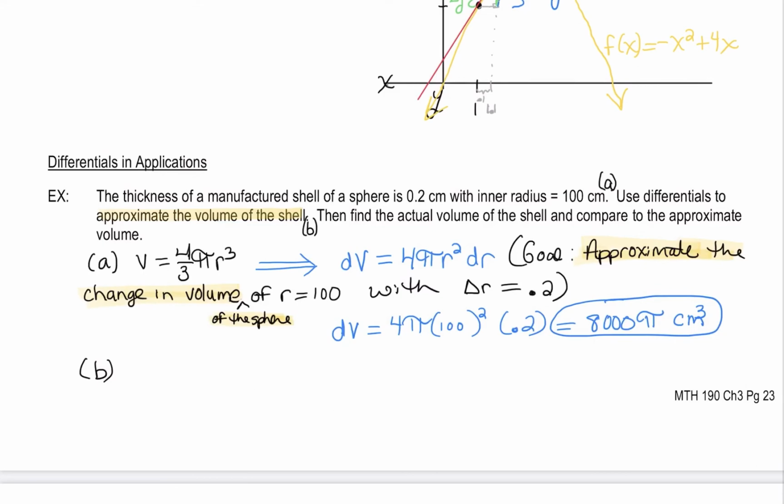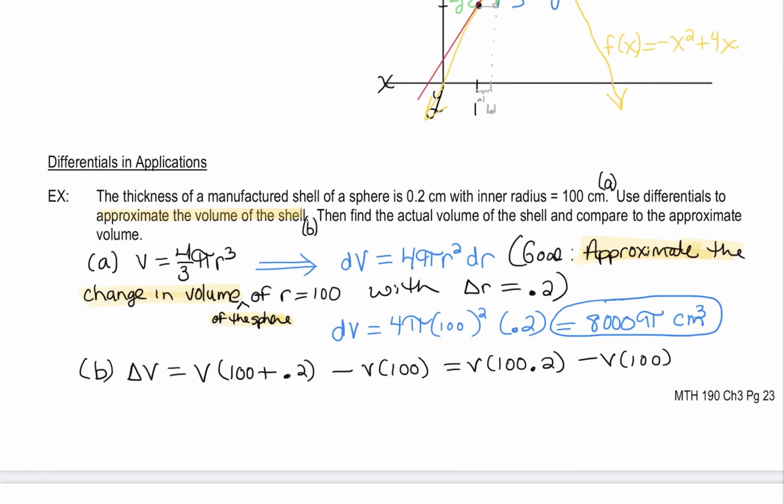All right, so the actual change in volume, my actual change in V, remember, is just subbing into V: the V of 100 plus the 2/10 minus the V of 100. So it's subtracting the volume with a radius of 100.2 minus the volume if the radius was 100.